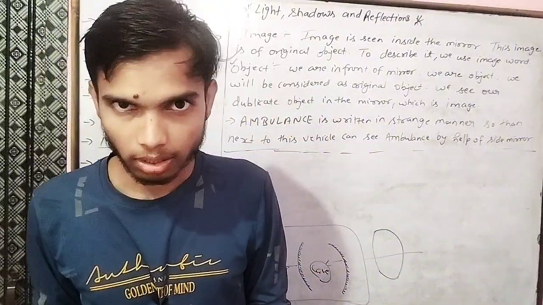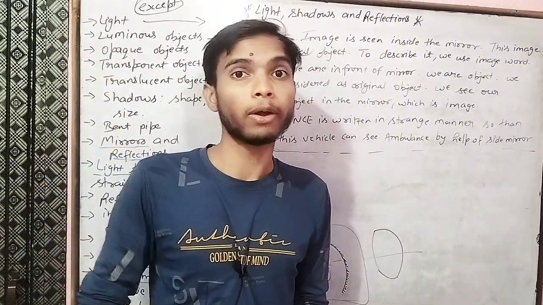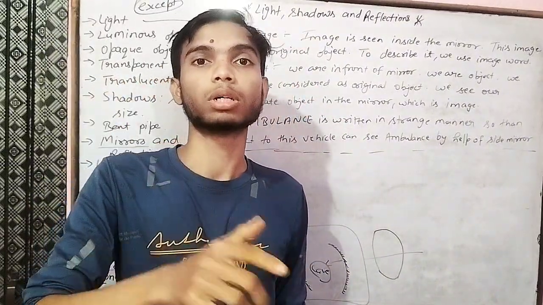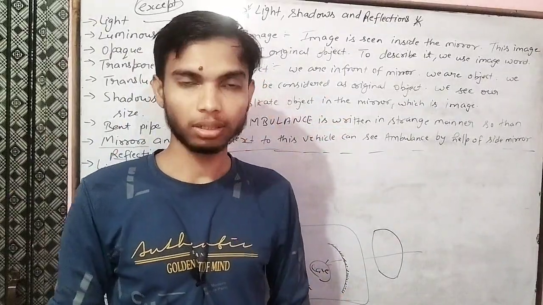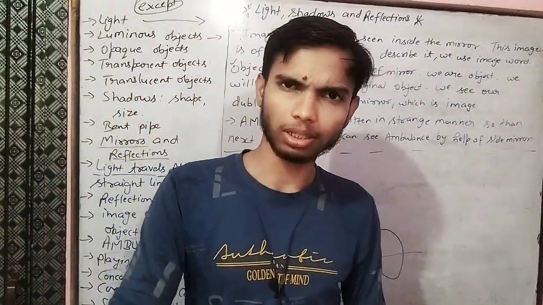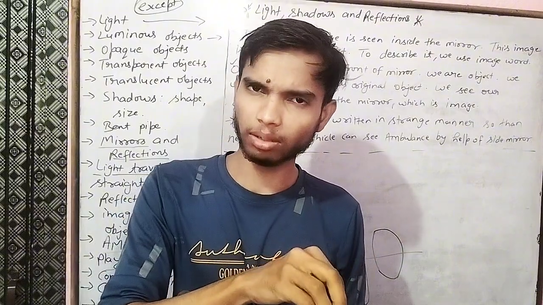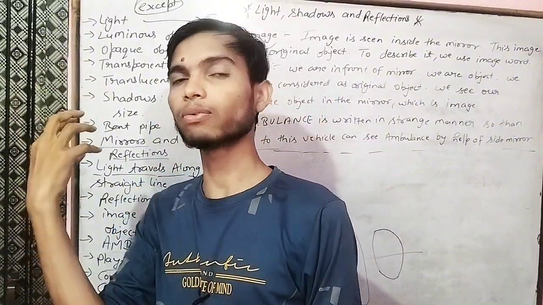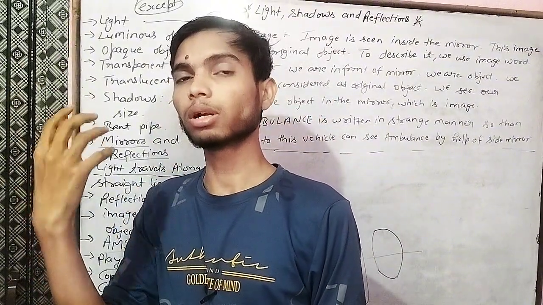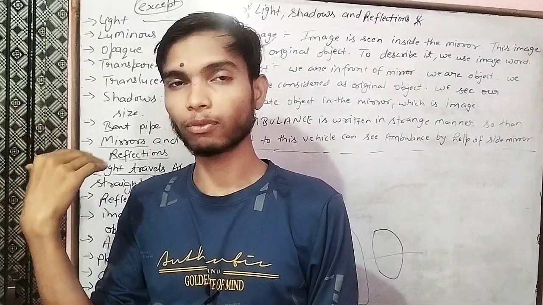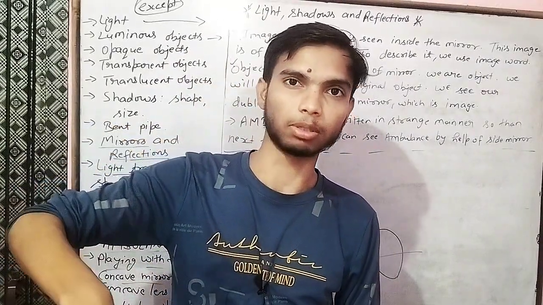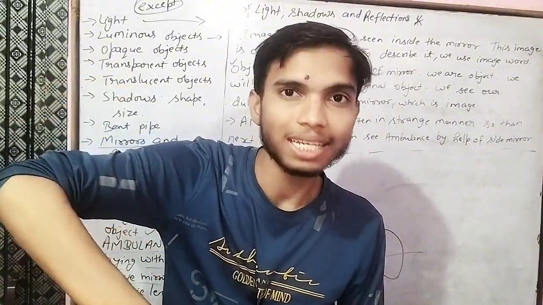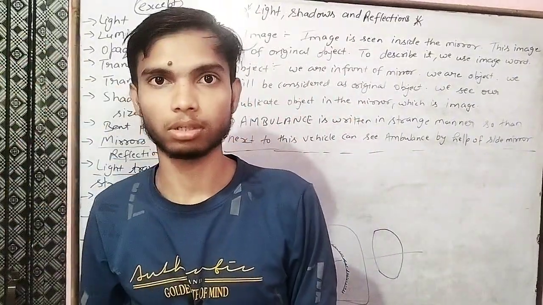The driver of a vehicle can see a lot of area of the back view with the help of the side mirror. So the side mirror is a convex mirror.